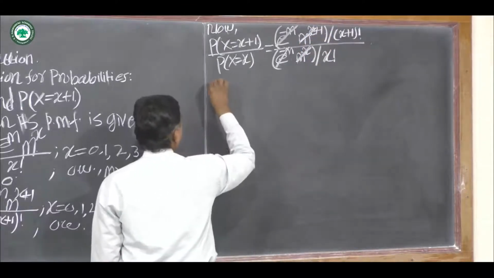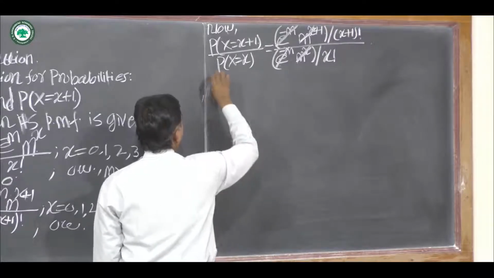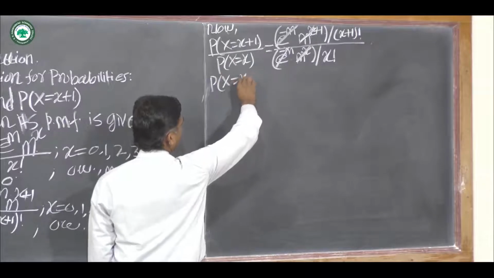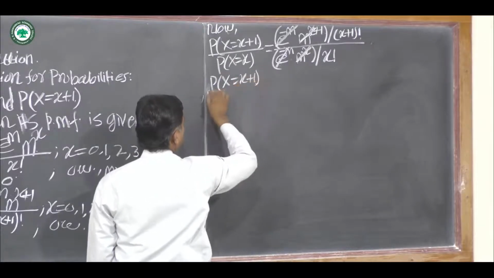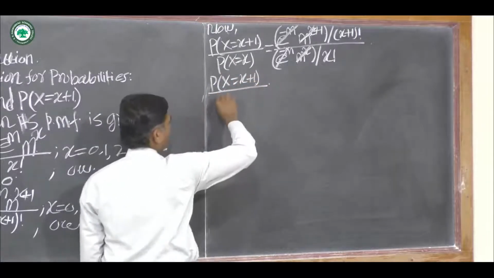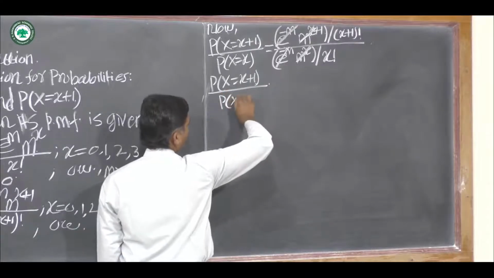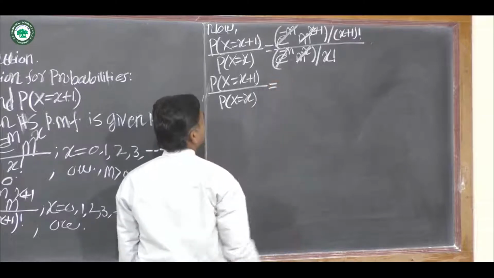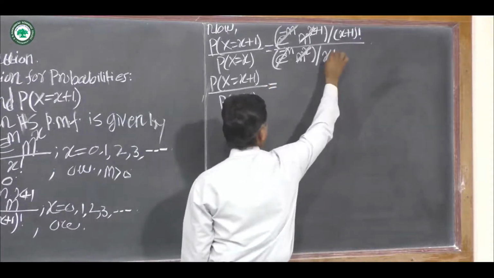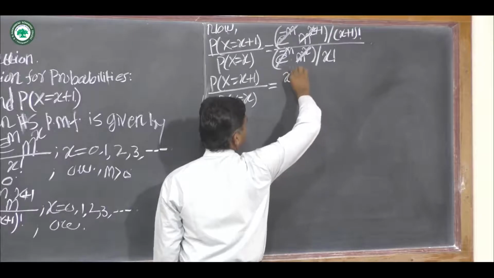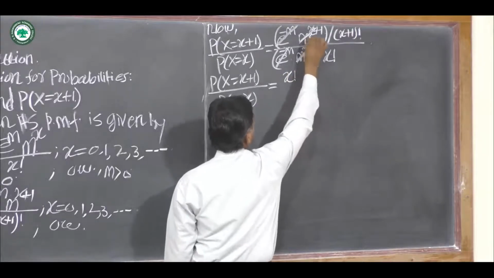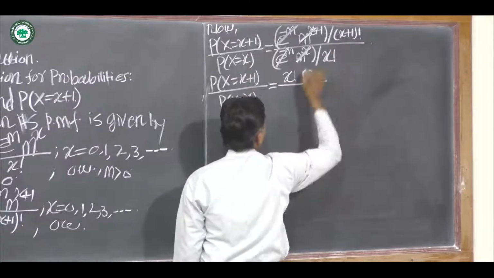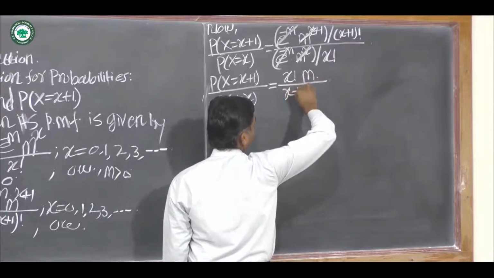Then the ratio is equal to x factorial into m upon x plus 1 factorial.